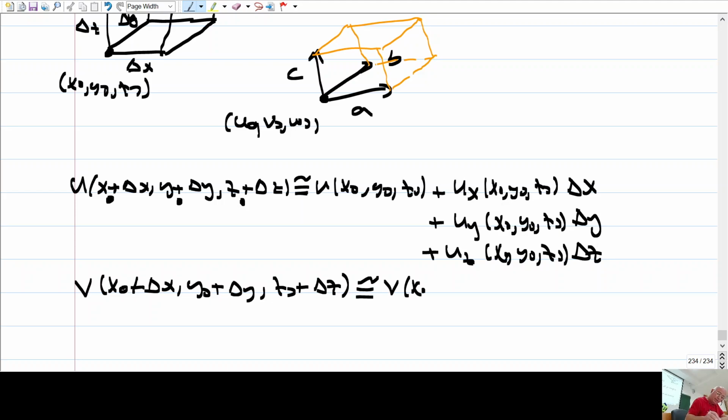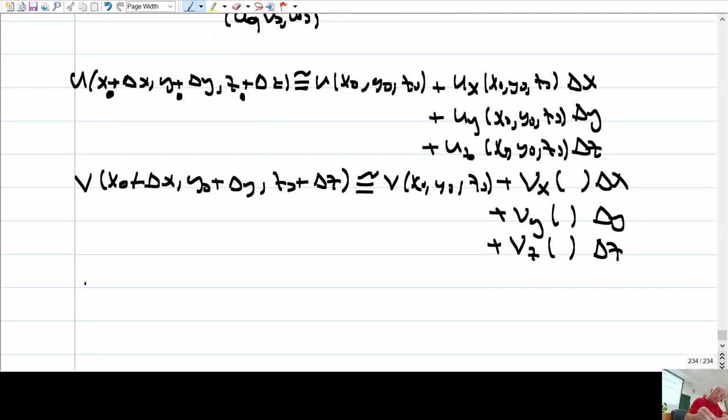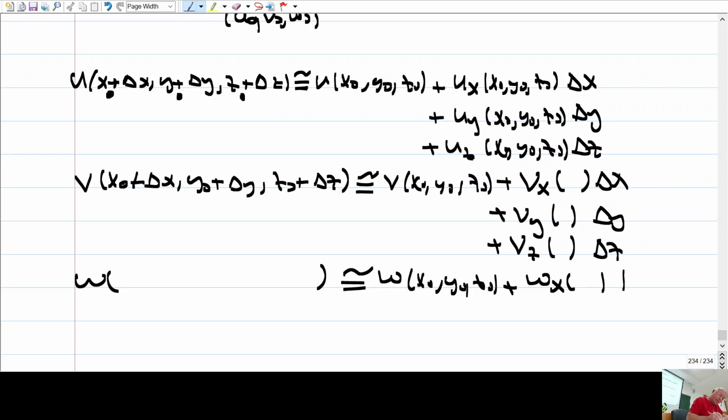So it will be v of x0, y0, z0, plus v sub x delta x, v sub y delta y, and v sub z delta z. And similarly w of x0, y0, z0 plus w sub x delta x, w sub y delta y, w sub z delta z.